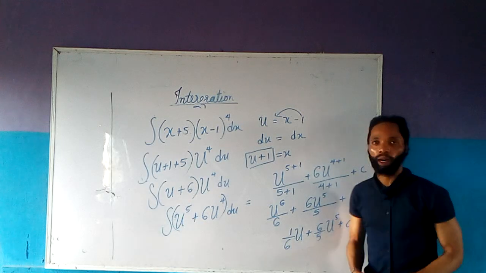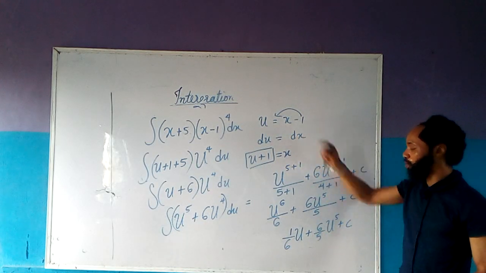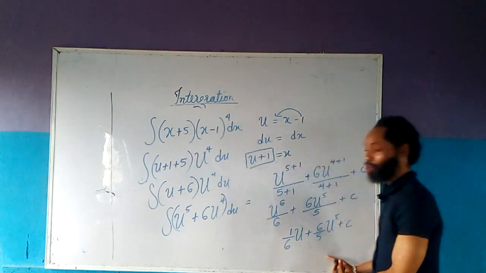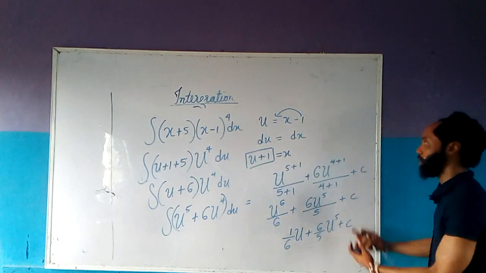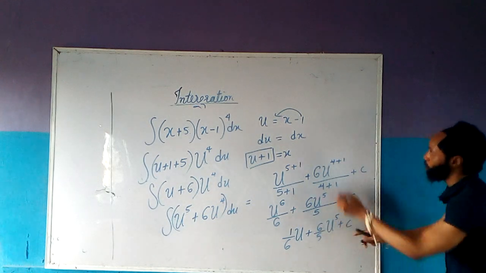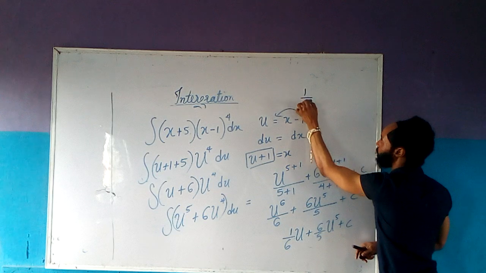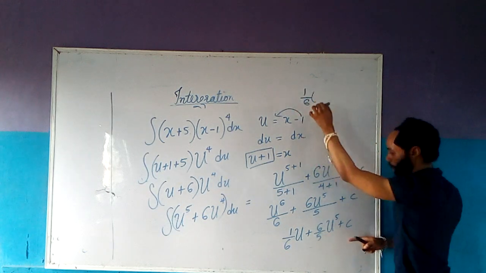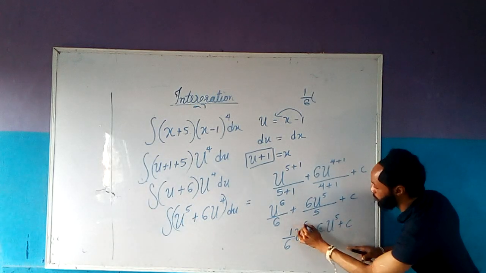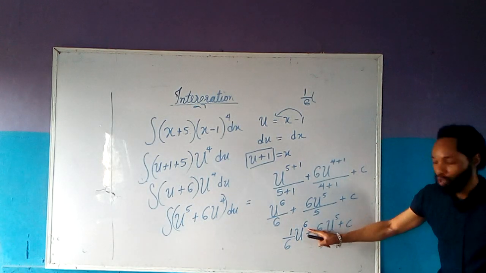Now we return. Remember, our u is x minus 1. So we have to return back to x because our question was in terms of x. So let's get back to what we have. It's going to be 1 over 6, u raised to the power 6.